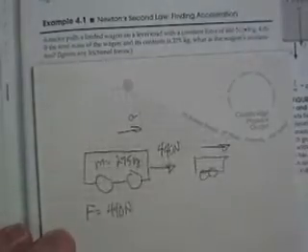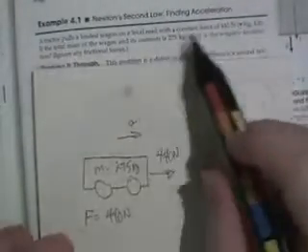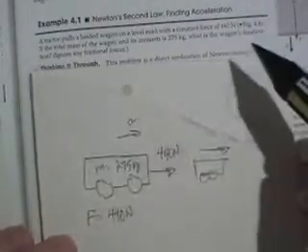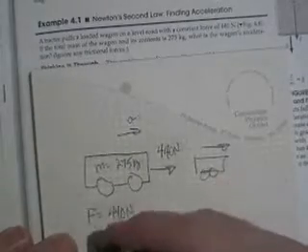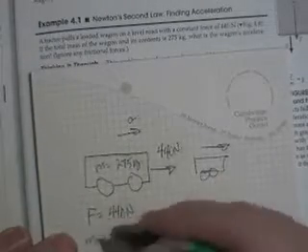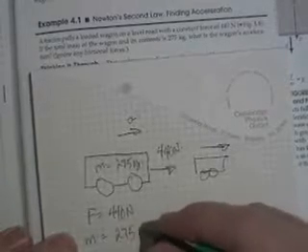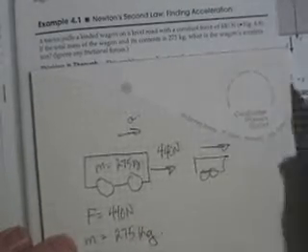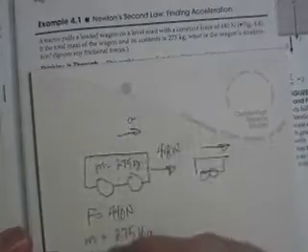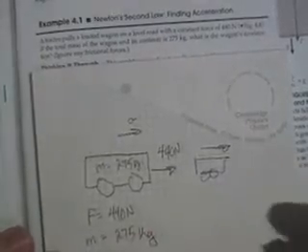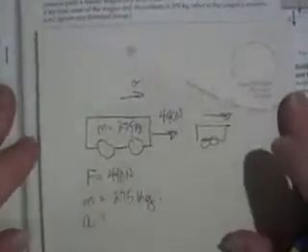So I've got that down. And then what else am I told? Now I know the mass, and in my formulas I'm going to be using the letter M to represent mass, and it's 275 kilograms. And then I'm asked to find acceleration, which is the letter A. So I think I've done that much.